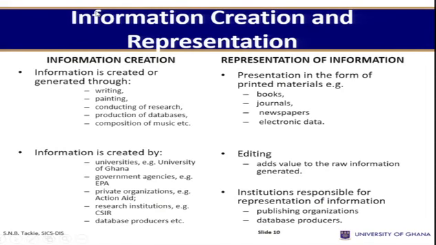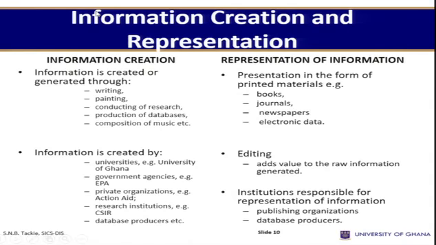Database producers also create information. And then after information has been generated, it is represented in a specific form, for example, printed materials such as books, journals, newspapers, and electronic data.